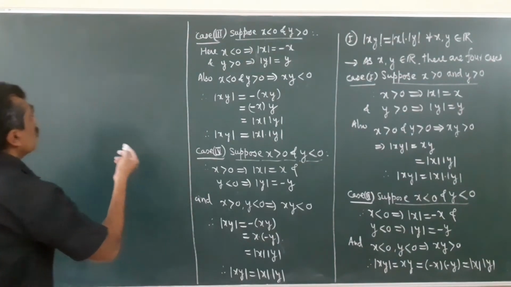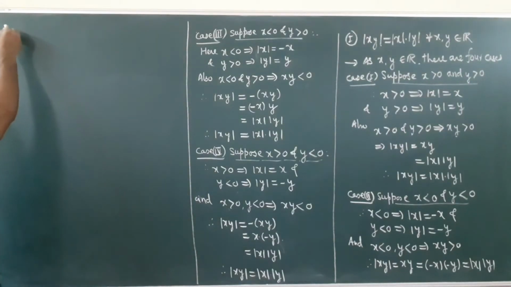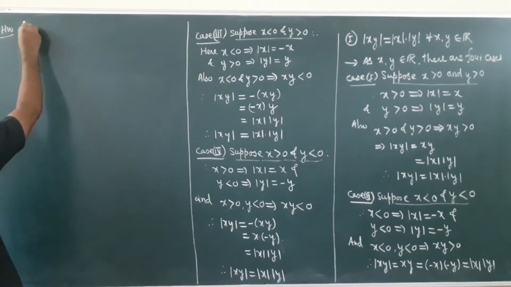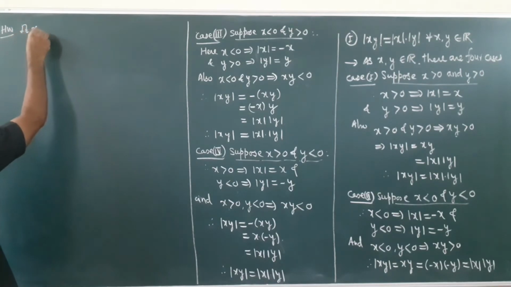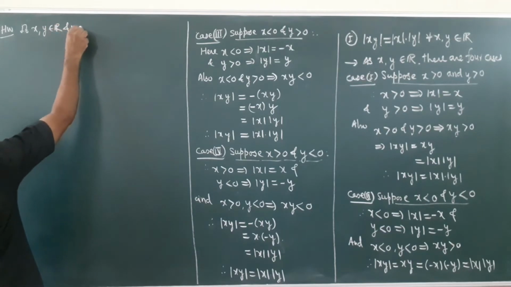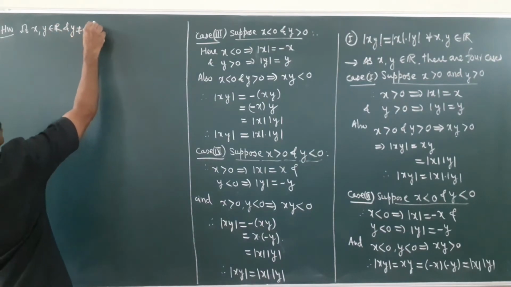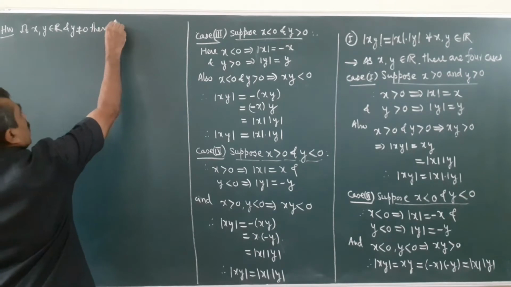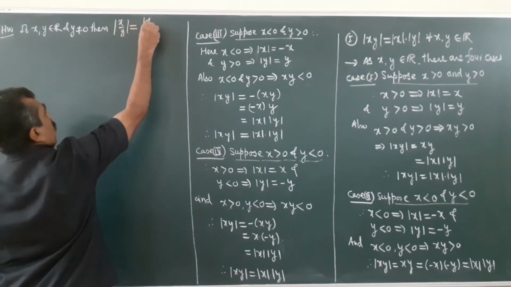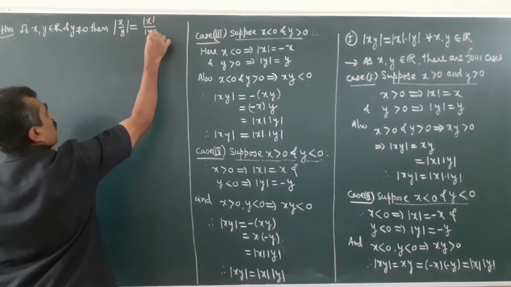Similarly, as a homework, if x, y belongs to R and y not equal to 0, then mod of x by y is equal to mod x upon mod y.